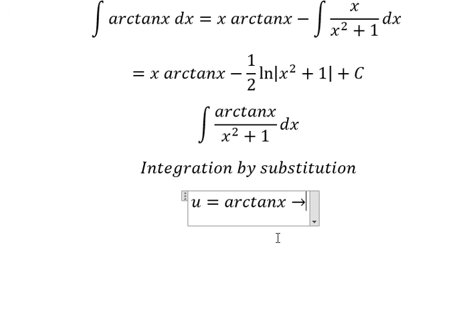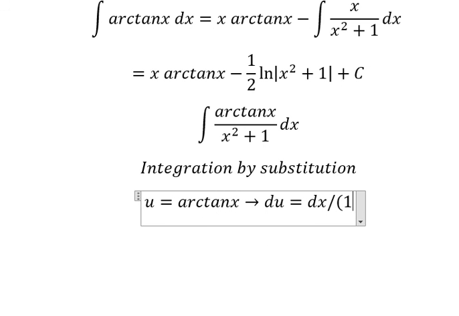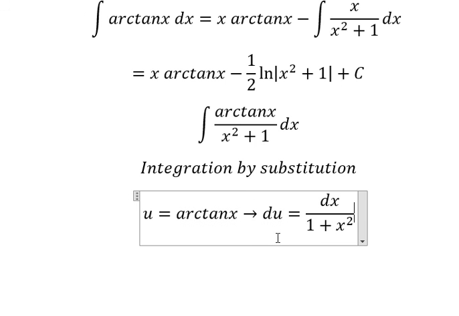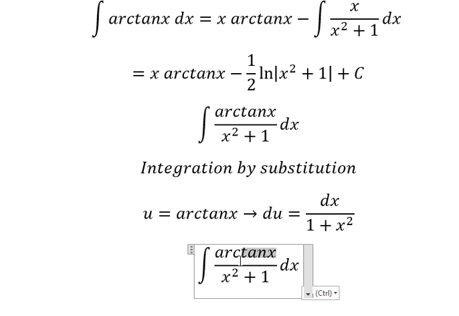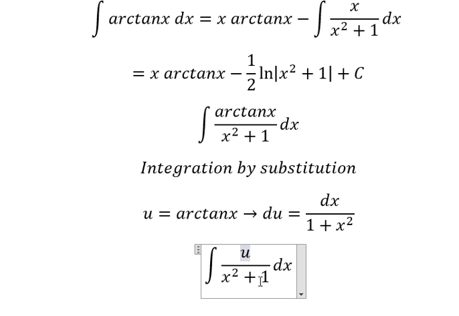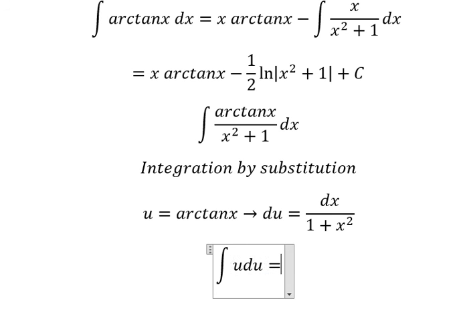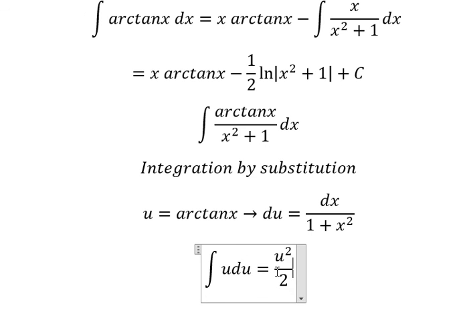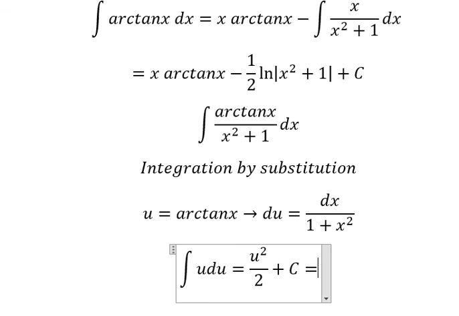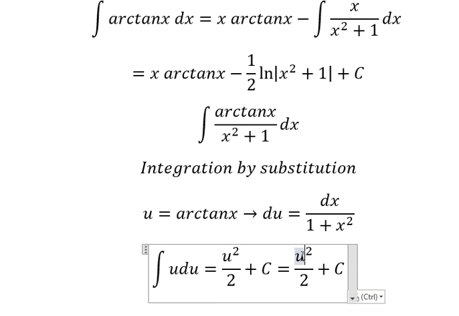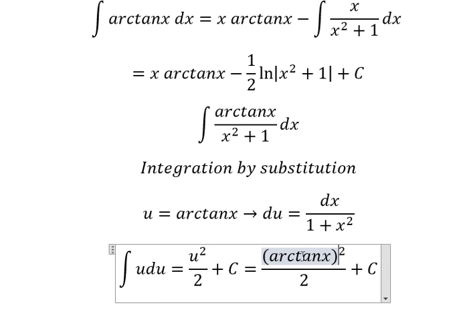Later we need to take the derivative of both sides, and we have it like this. This one we change for u, ds over this one we change for du. And this one we have u squared over 2, and I will put c. About u, that is arctan of s.